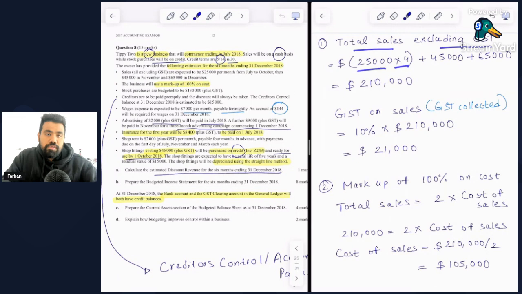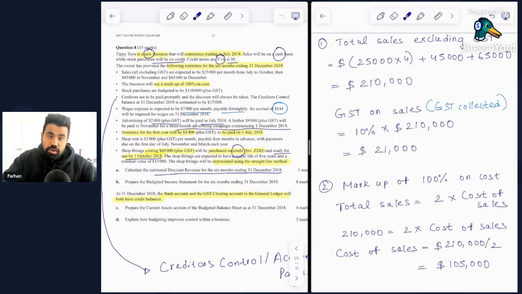Why 4? Because July, August, September, and October, each of these months, we are going to sell $25,000 worth of stuff. Then we add the sale for November of $45,000 and for December, which is $65,000. So altogether, we have $210,000 worth of sales excluding GST.